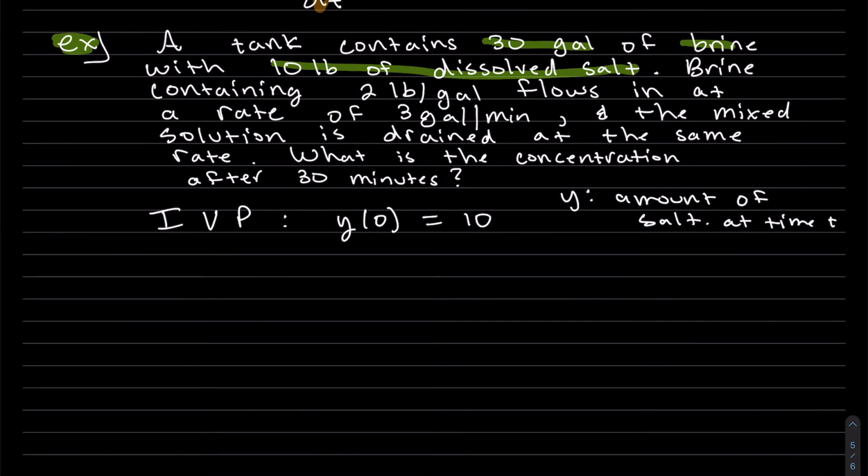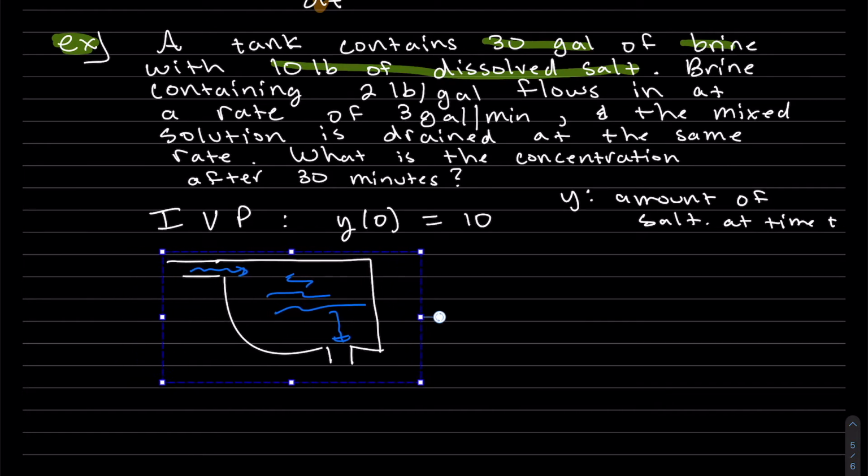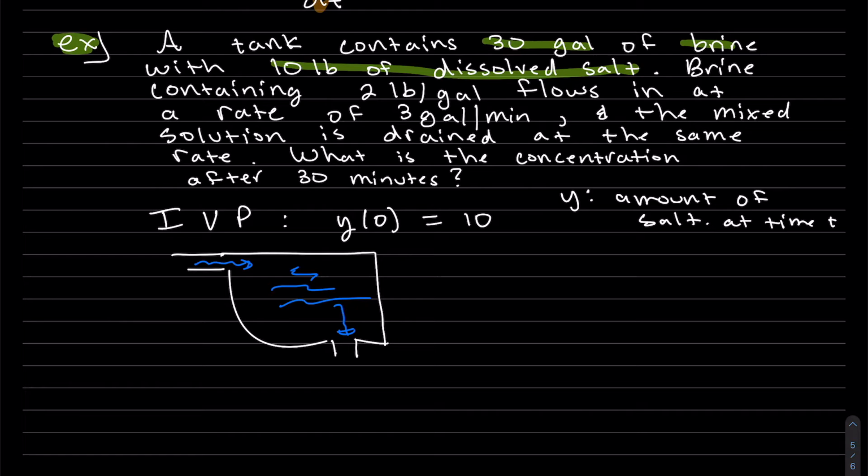Let's draw a picture of this. We have in and out. So ingoing, 2 pounds per gallon is going in at the rate of 3 gallons per minute.